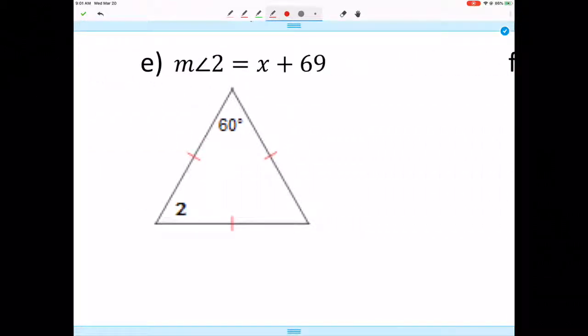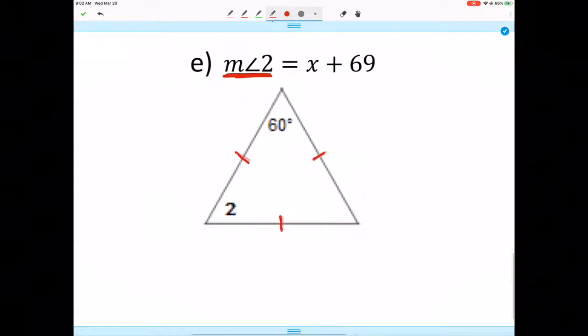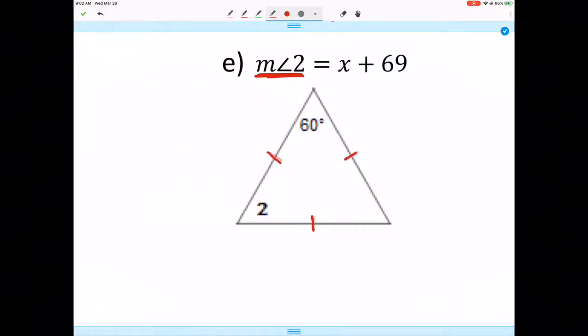Again, what type of triangle is this? Since we have three sides that are congruent, we know it's an equilateral triangle. So equal sides, equal angles. They want us to find this measure, measure 2. I'm not exactly sure why they give you x plus 69.